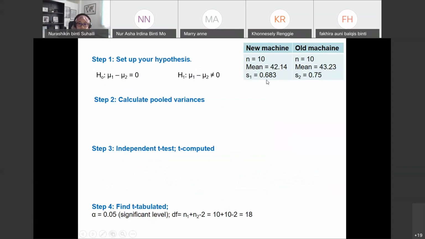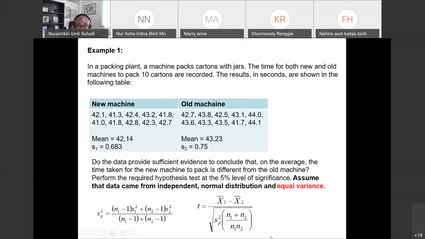The key point here: do the data provide sufficient evidence to conclude that on the average, the time taken for the new machine to pack is different? The key word here is different.